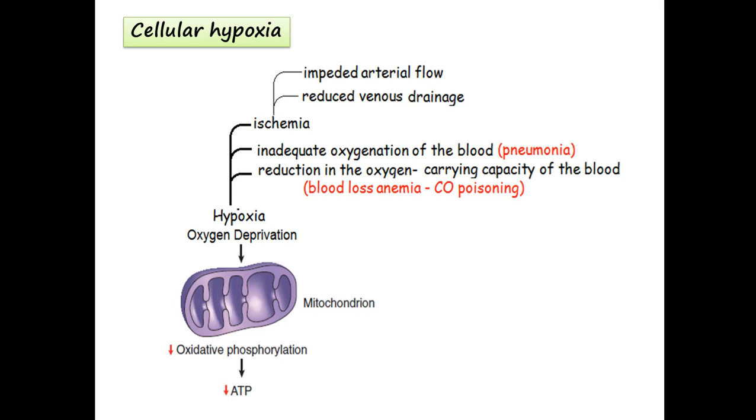For example, in diseases of the lungs in which there is no proper oxygenation of the hemoglobin due to some problem in alveolar gas exchange, there will be hypoxia. In this case, though there is no ischemia, there is hypoxia.